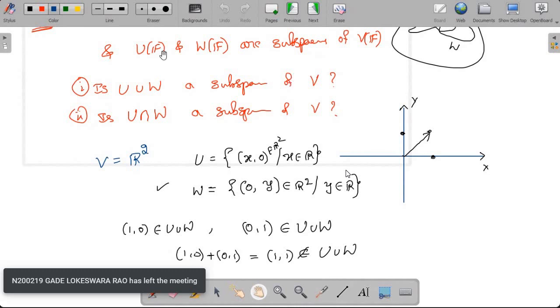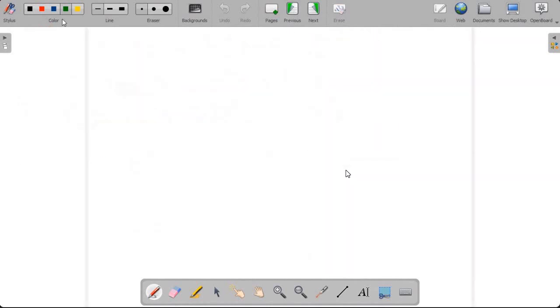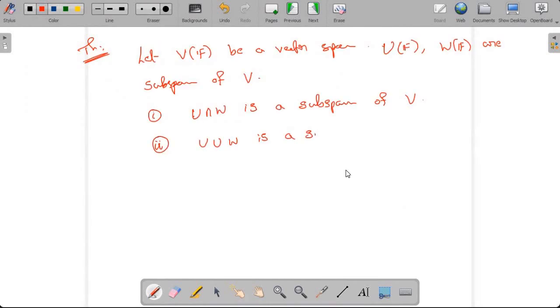And you know when this U union W will be a subspace? If one is contained in another, then only it can be a subspace. Otherwise, it is not. Okay. So let me give you the statement here. U intersection W is always a subspace of V. Okay, that we are going to prove now.